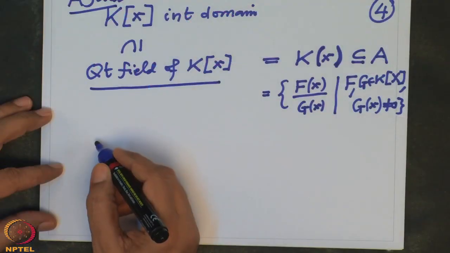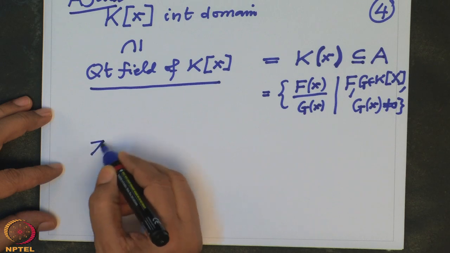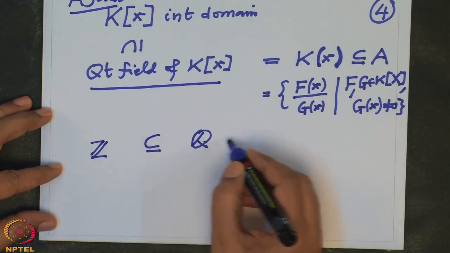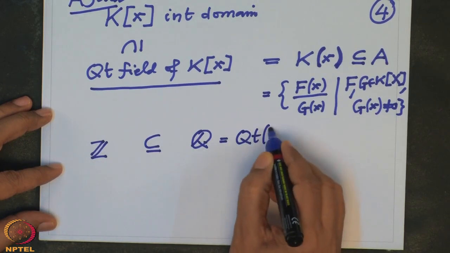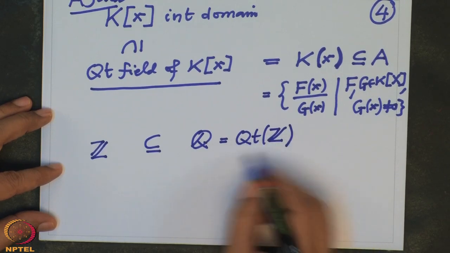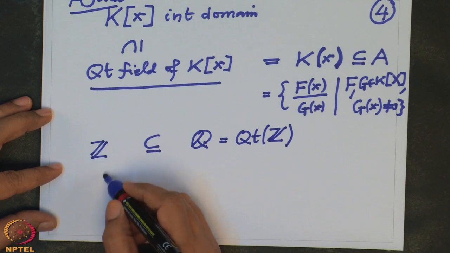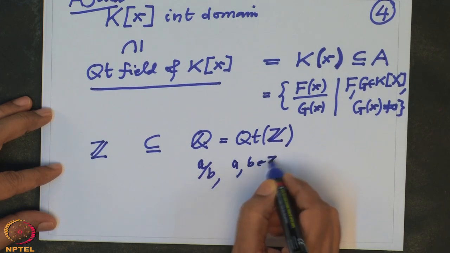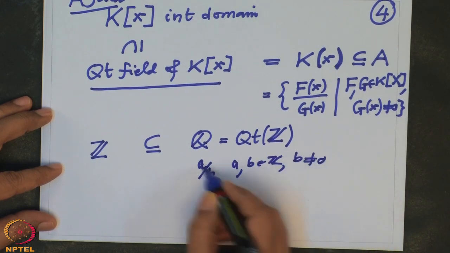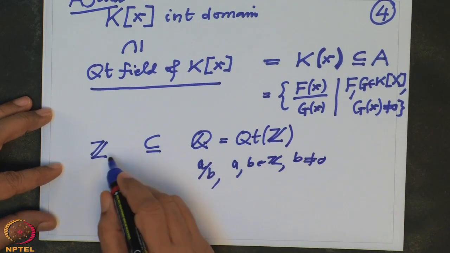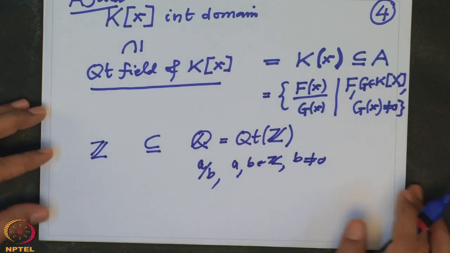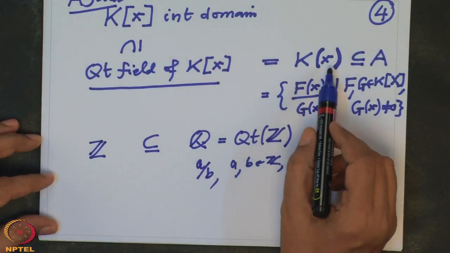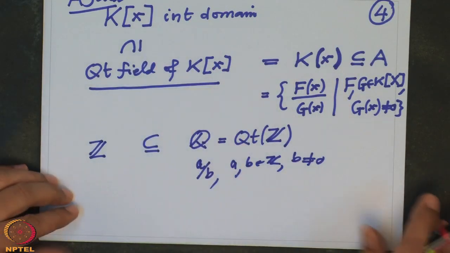That is similar to the way we have seen in school already, how you construct Q from Z. This Q is the quotient field of Z. I will denote by the standard notation QF the quotient field. So, you take the integers and take their fractions a by b, where a, b are integers and b is non-zero. Such fractions form a field, and it is the smallest field that contains Z. Similarly for this. So, therefore, K(x) is the smallest field which contains this K[x].